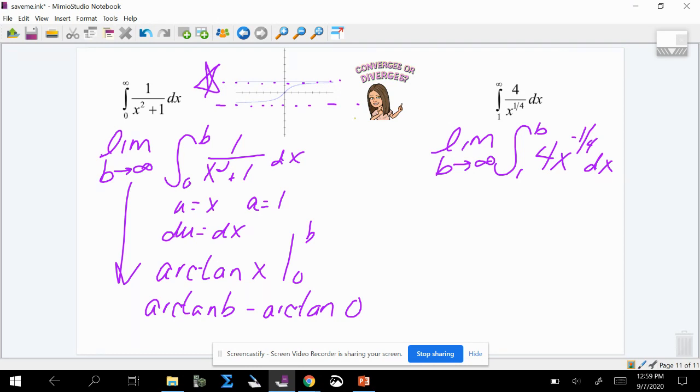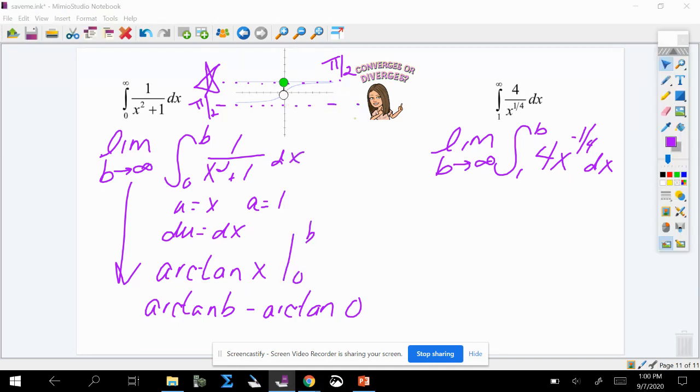Arctangent flattens out. So what you have happening is you have a horizontal asymptote on the far right end, above it, and a horizontal asymptote below it that makes the right end go one direction and the left end go the other. Both of them will flatten out towards pi over 2. So what this means is, and you can see arctangent of 0 is 0 because of the origin being there.